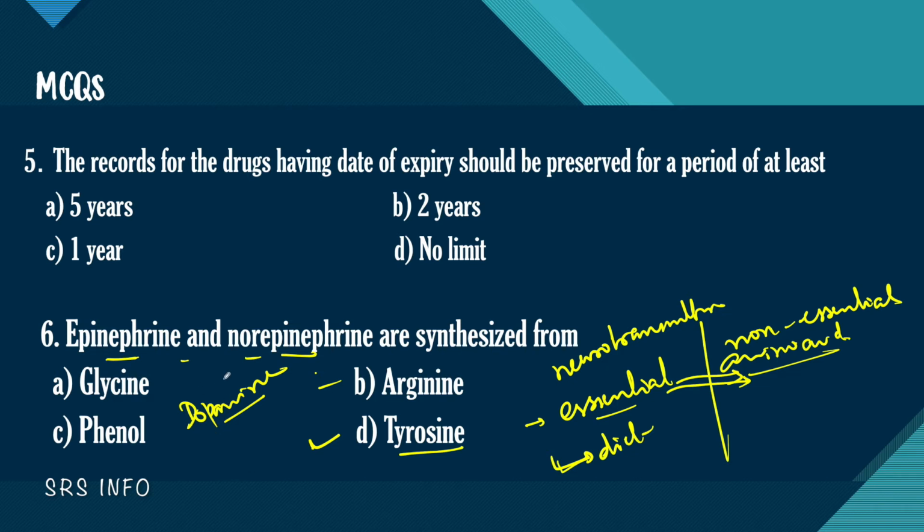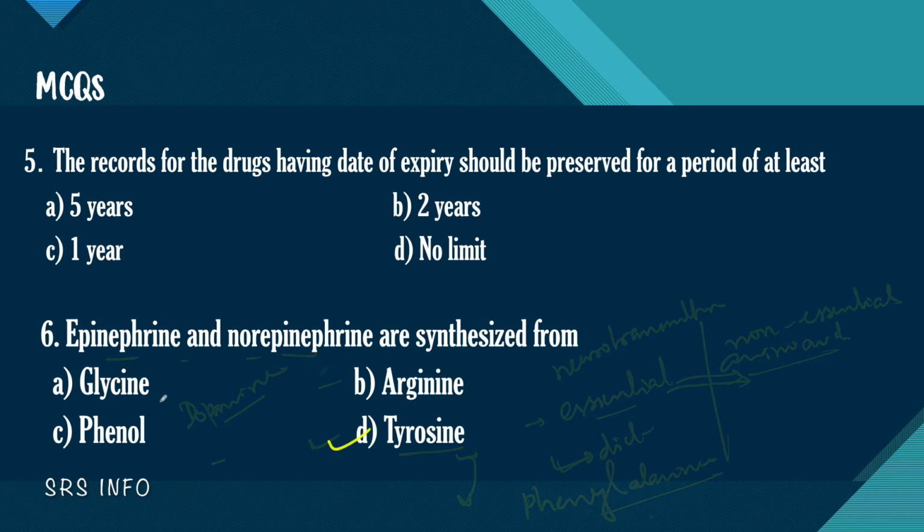Tyrosine is produced from the essential amino acid phenylalanine, which we take from diet. By using it our body produces tyrosine, which is the precursor for the synthesis of epinephrine and norepinephrine.